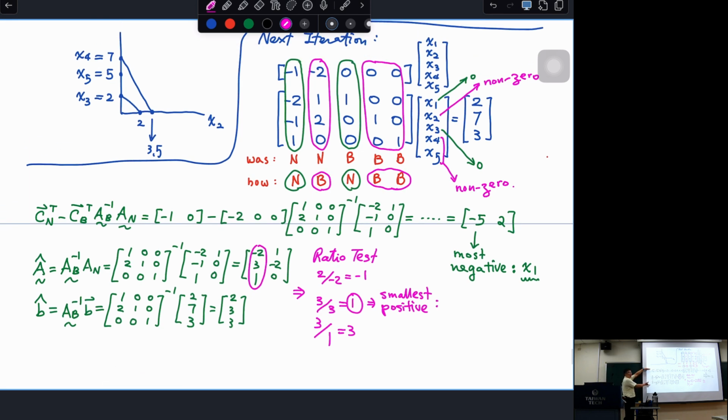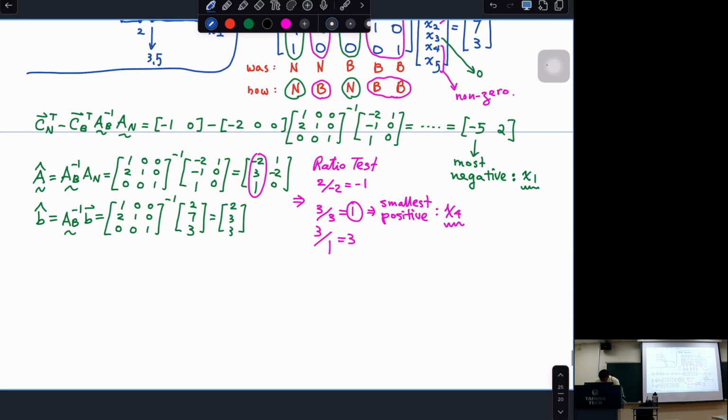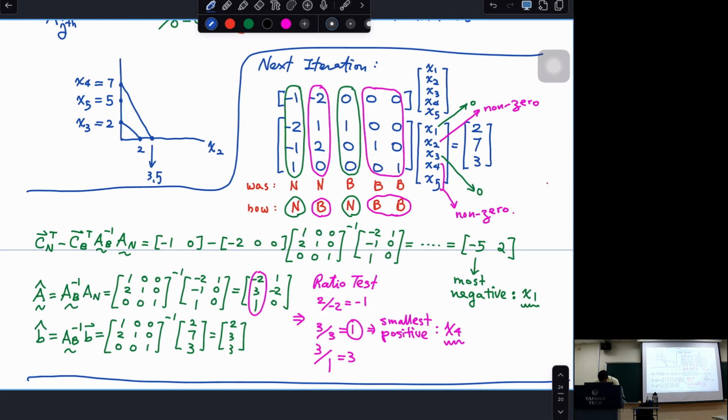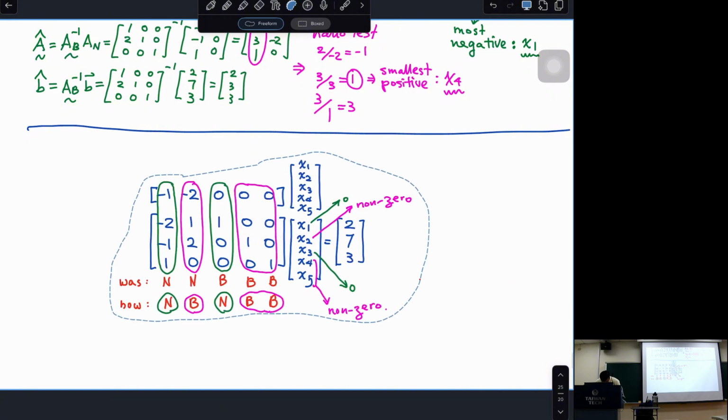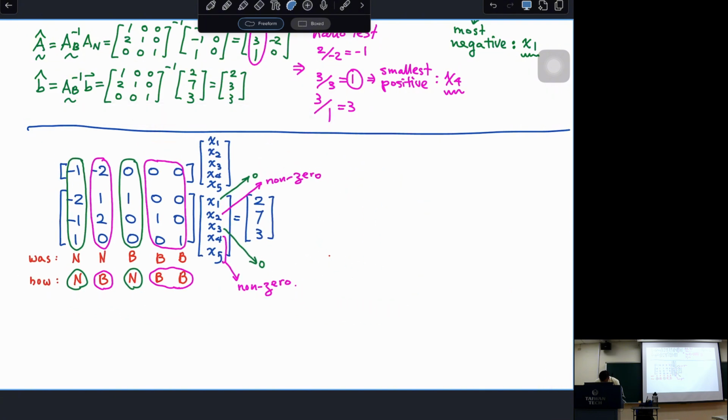So these are all you need to write down in one iteration. So just move on to the next iteration. In the next iteration, I'm going to be even lazier.